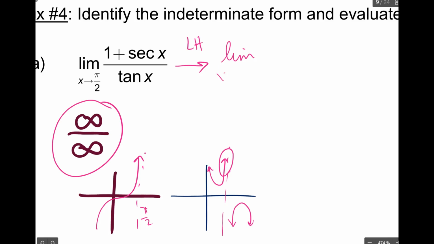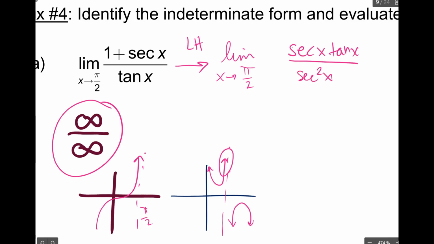So the limit as x approaches pi over 2 of 1 plus secant of x. The derivative of secant of x is secant tan x, over the derivative of tangent, which is secant squared.